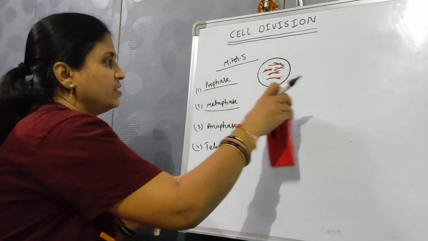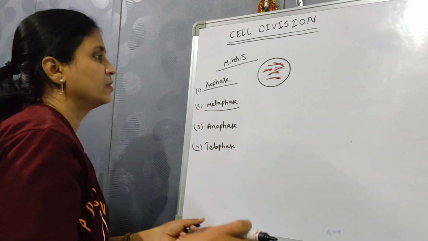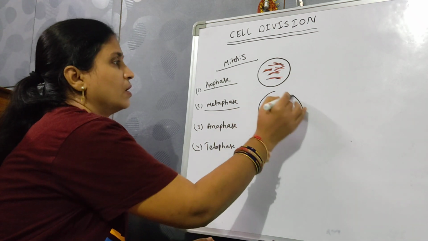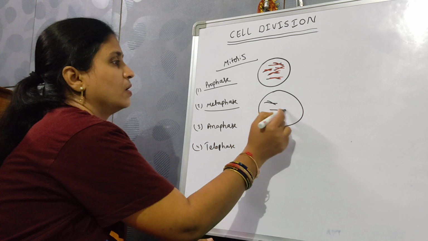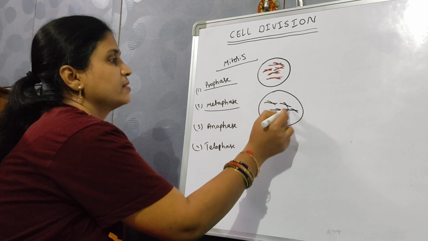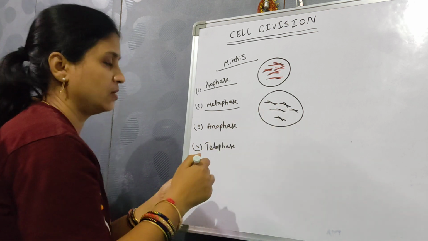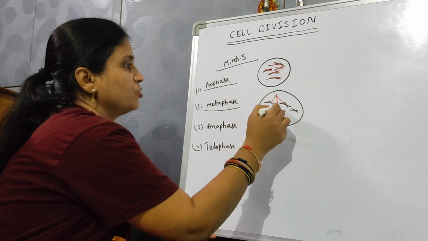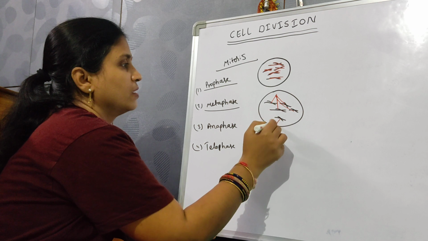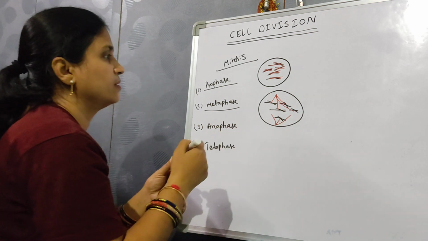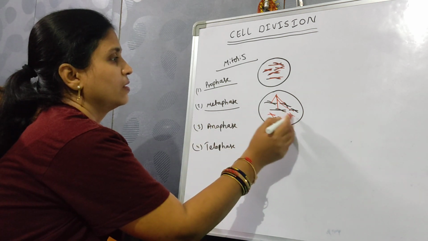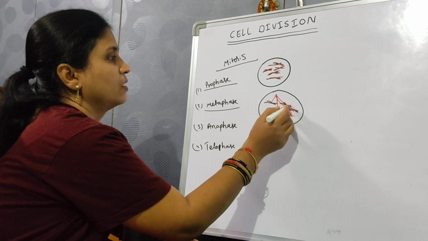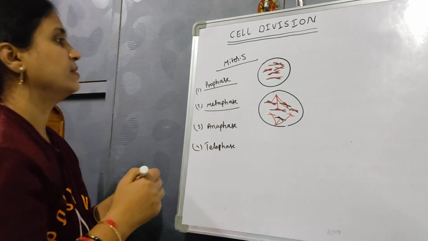So in the metaphase, the chromosomes are like this. And the spindle fibers are going to attach to this particular thing, like this.